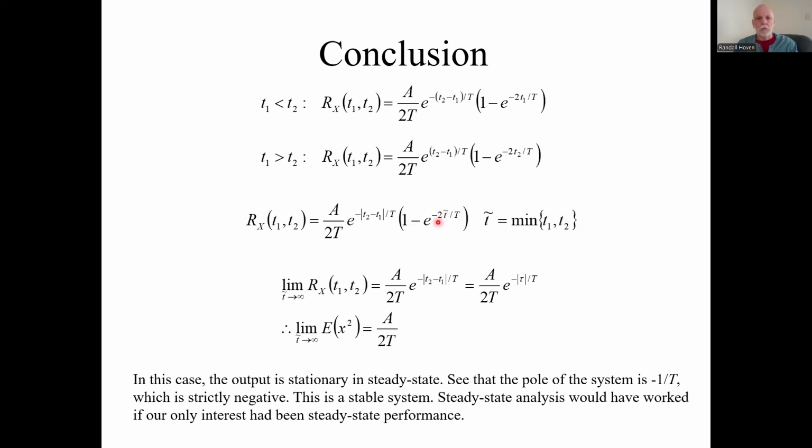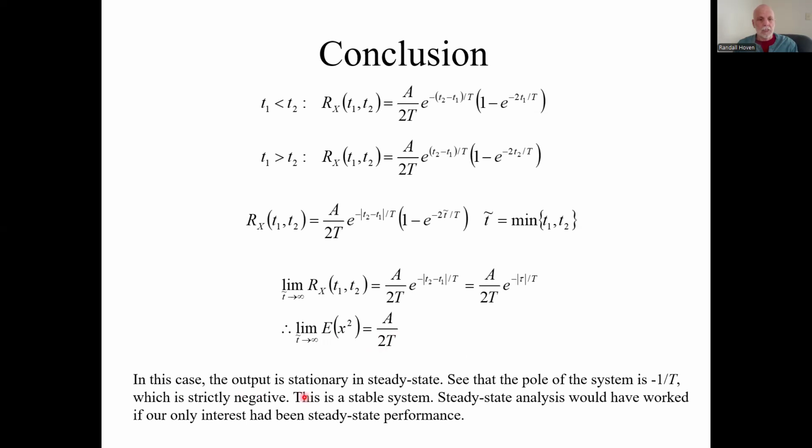That goes to 0, and you're just left with 1 here, so you're just left with that, which is this function of the difference between the two times. Oh yeah, that means the mean square becomes this, which we found before.